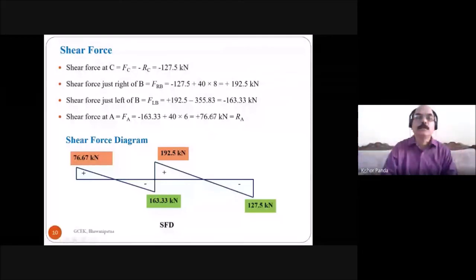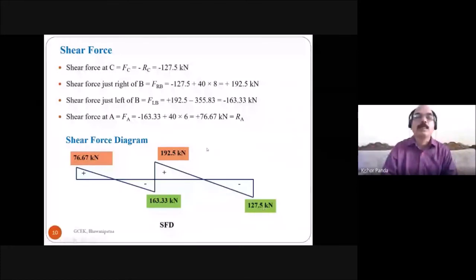After getting the shear force at different positions, you can draw the shear force diagram. The shear force at C is negative 127.5 kilonewton. Below the axis is negative and above the axis is positive, so here you take 127.5 kilonewton downward.